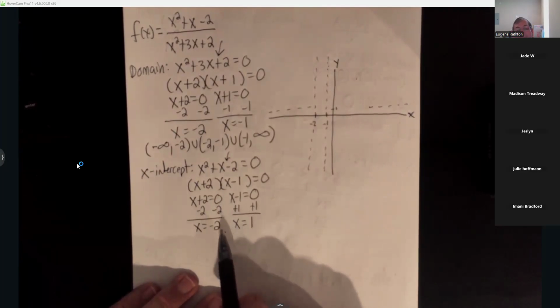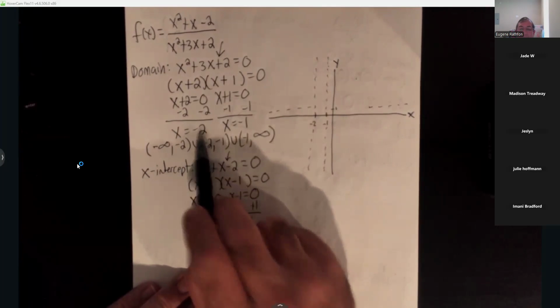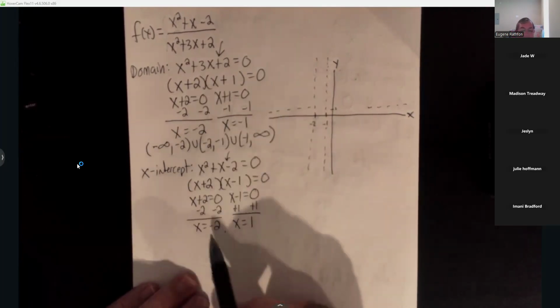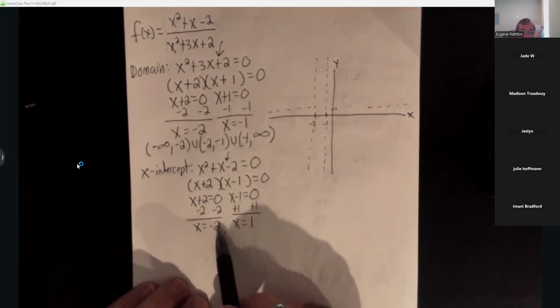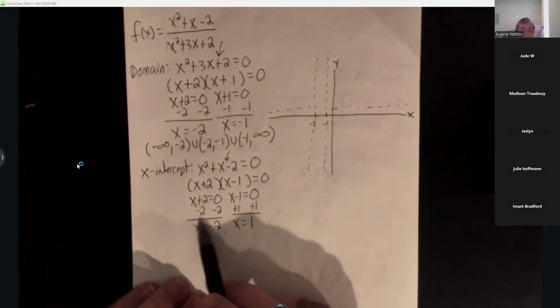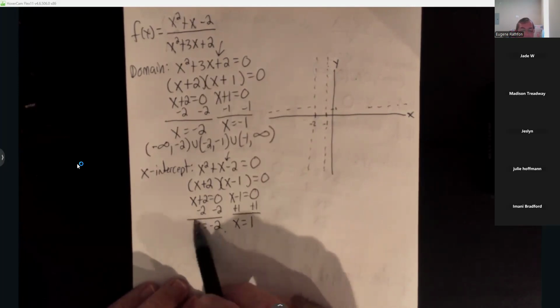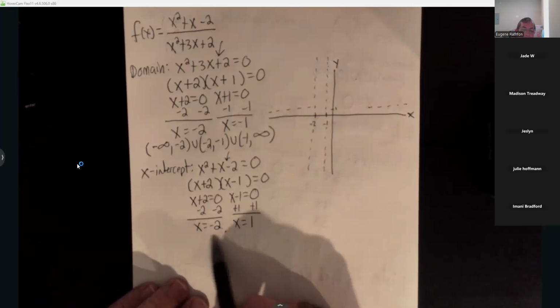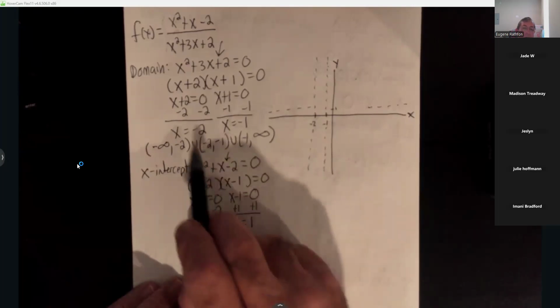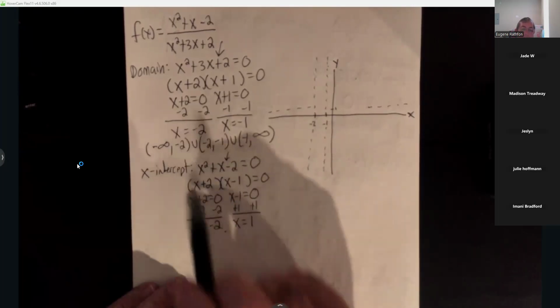So check this out. This thing was undefined right here at negative 2. So I cannot have an x-intercept there. It's undefined at negative 2. Okay? Now, what happens when this happens, your x-intercept occurs where it's undefined.